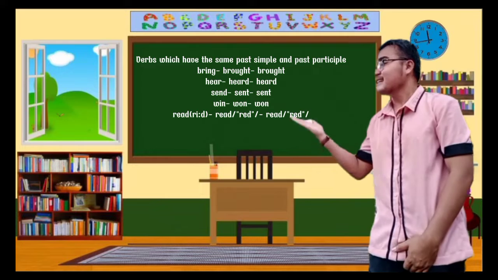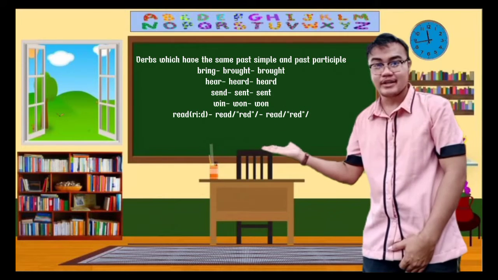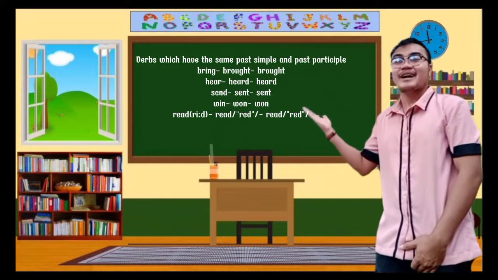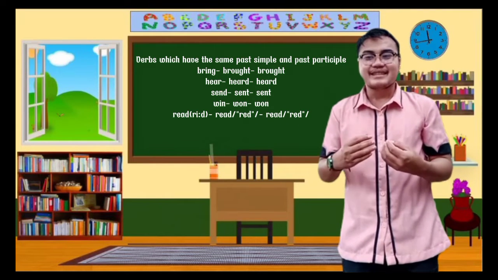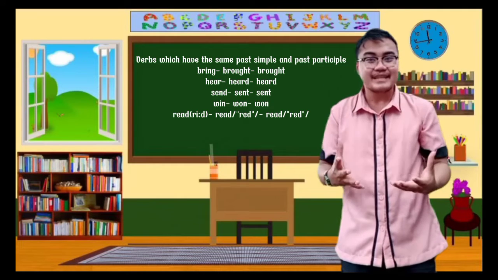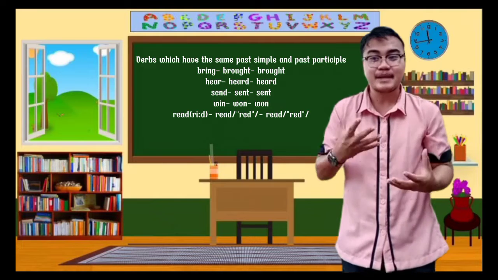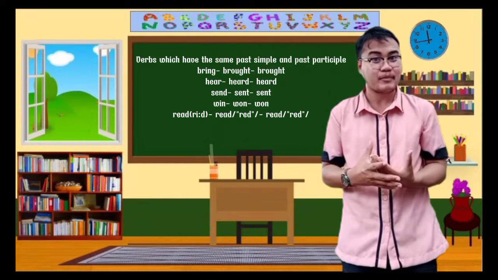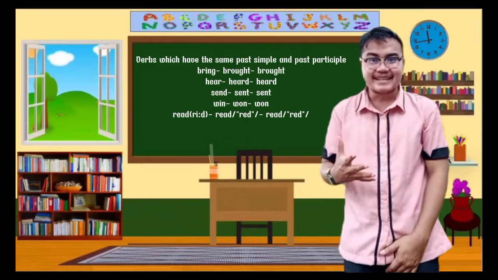Send, sent, sent. Win, won, won. Read, read, read. By the way, the base form read varies in pronunciation when it is past simple or past participle. So it should be pronounced red, not reed.